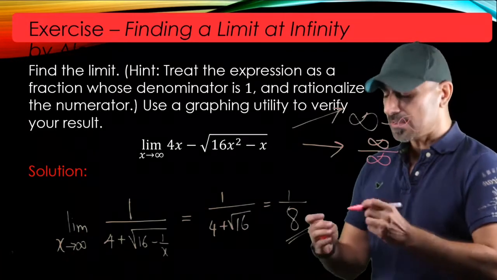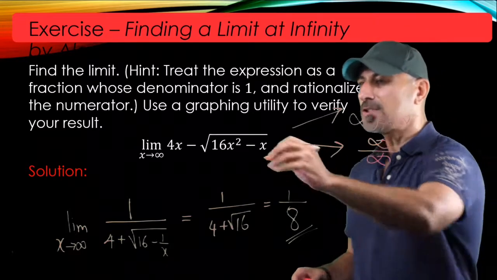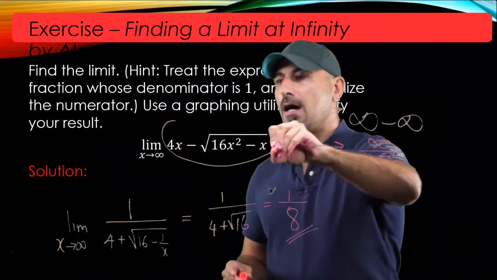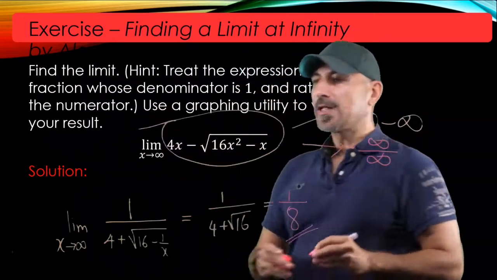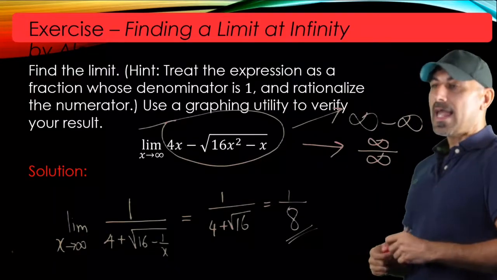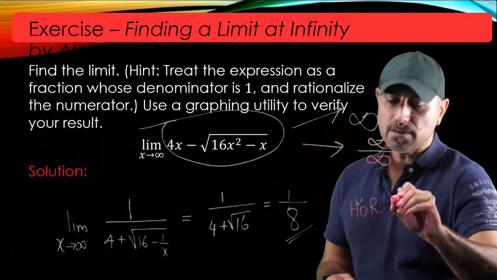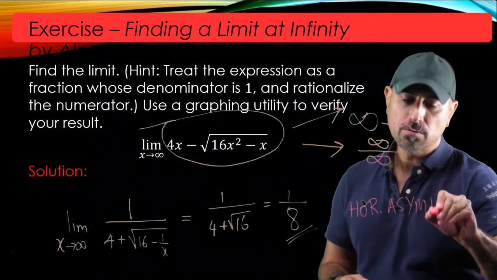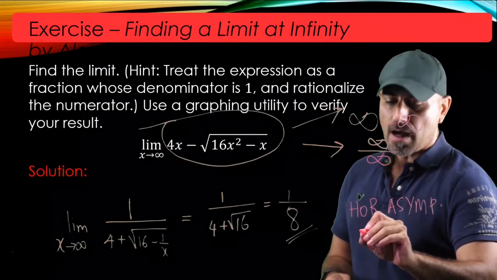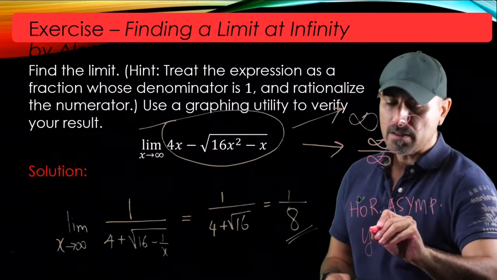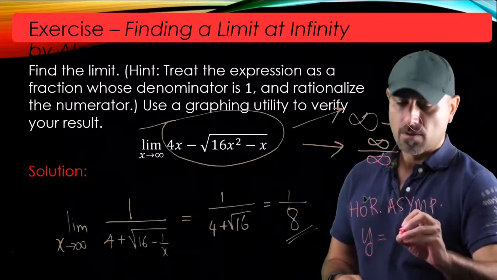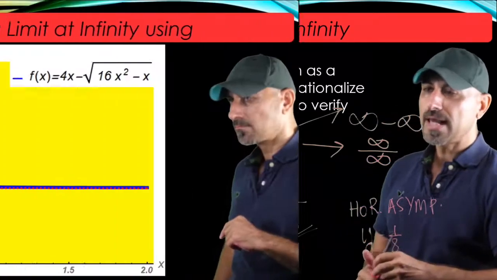What that means is that this function here, 4x minus radical 16x squared minus x, has a horizontal asymptote y equals 1 over 8.